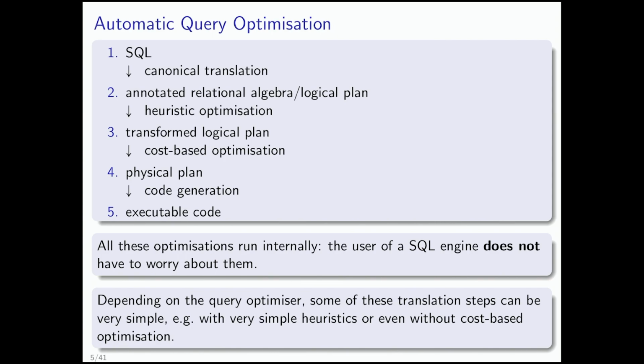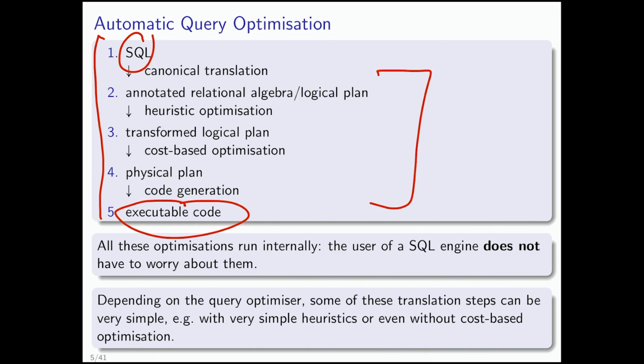So the following slides will all be presented along this schedule. We have SQL coming in and executable code coming out. And as usual, there are some intermediate steps. There's some sort of annotated relational algebra. So SQL is actually translated to something like relational algebra. Then we have what's called a transformed logical plan, and then a physical plan.